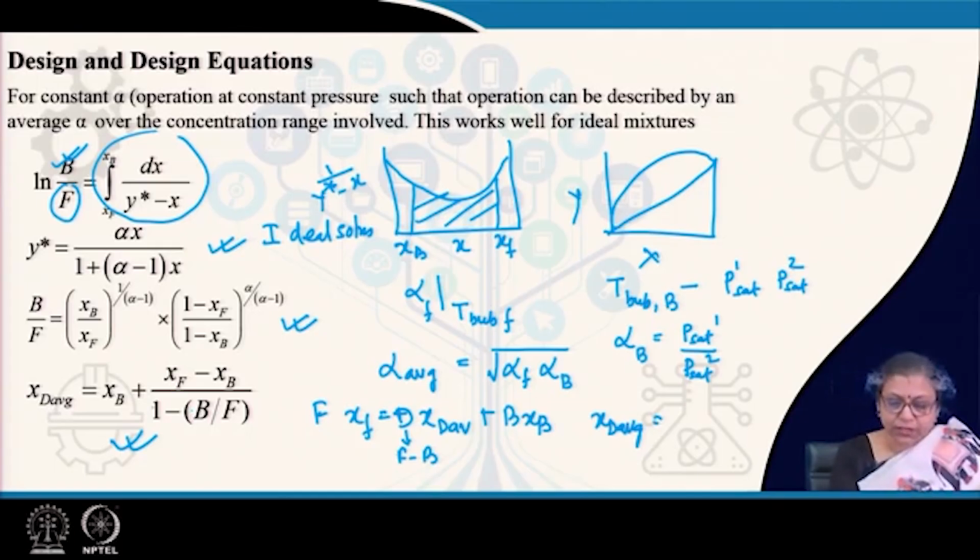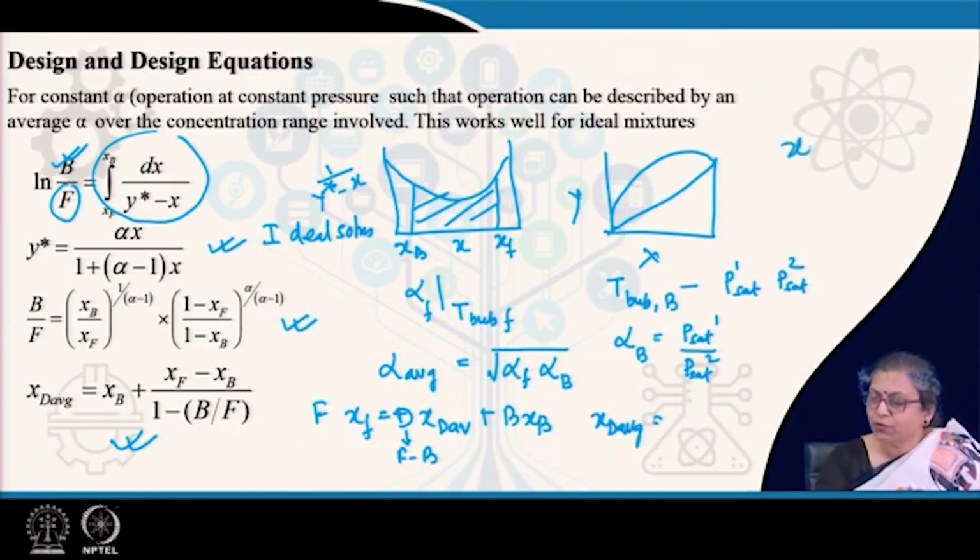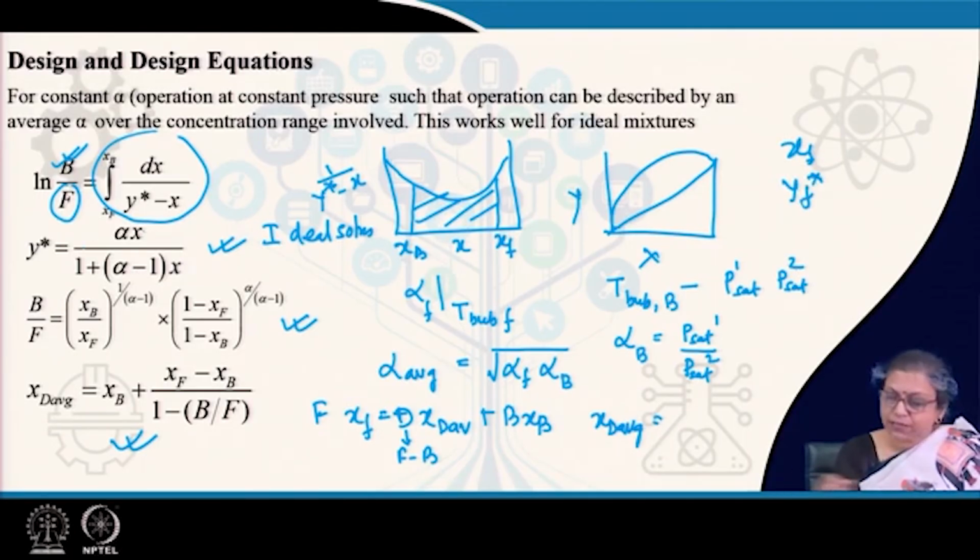Now, these are the two equations that we use, and Y star is calculated from this equation. To start with, we know XF. Once we know XF, we find out YF star using this equation, where this X corresponds to XF.